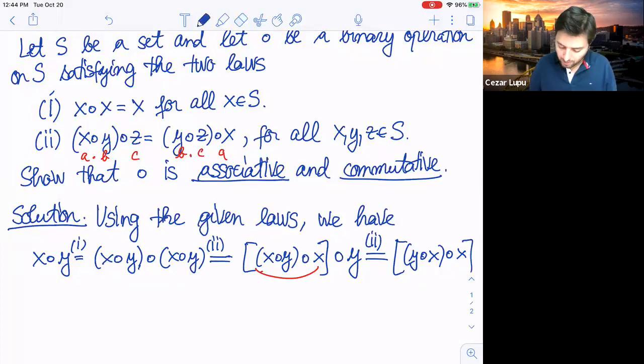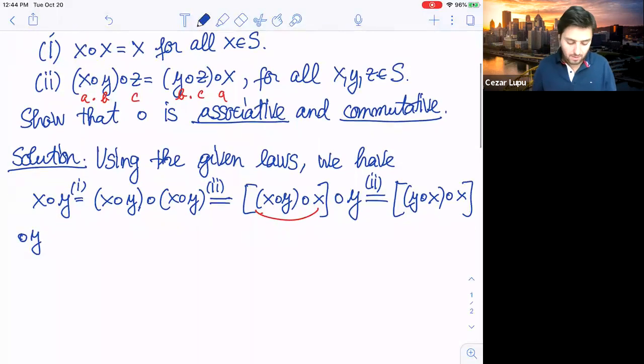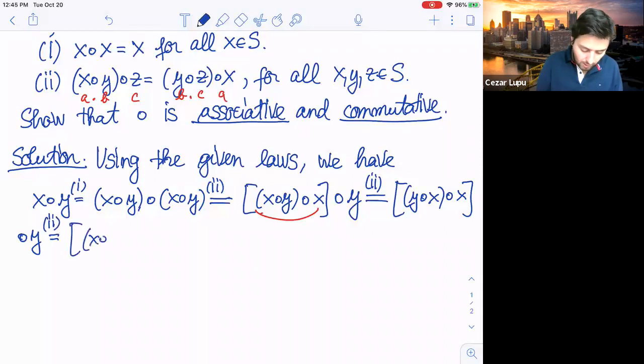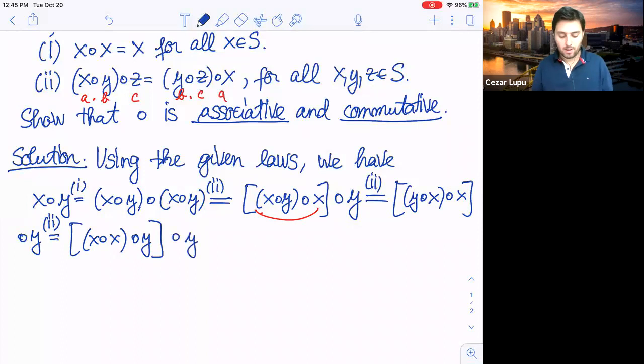I only applied 2 inside the parentheses here. And now let's do it again. I will apply 2 again, so this will be x circ x, circ y, everything circ y. Now I will apply 1.